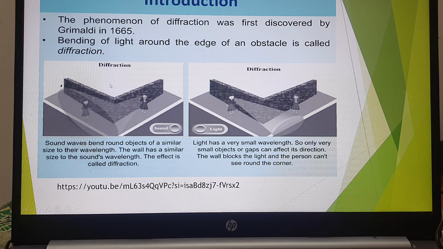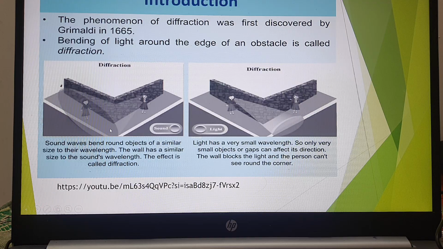If we observe the diagram here, the diffraction pattern, this image explains the sound waves, and here it explains the light waves.